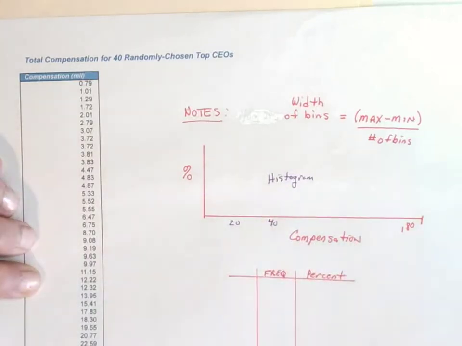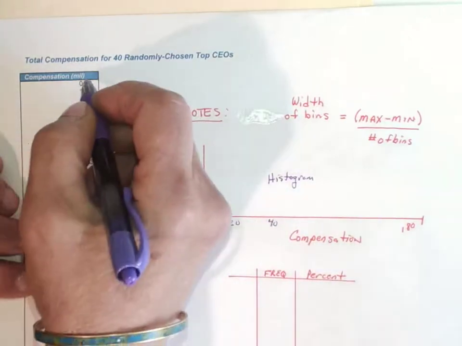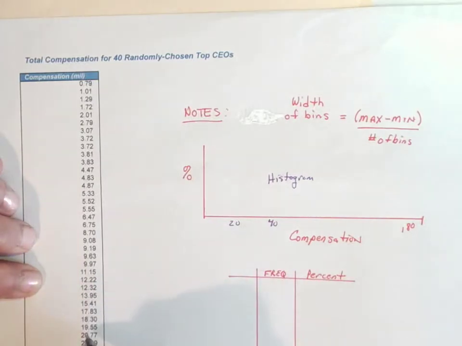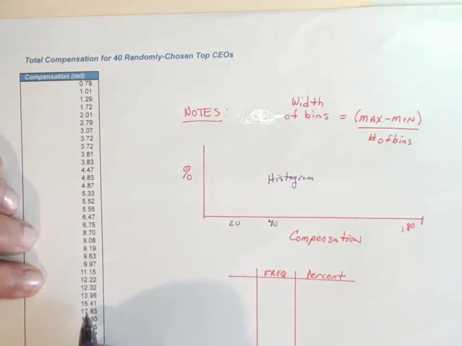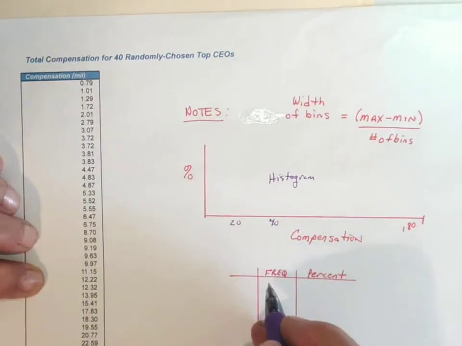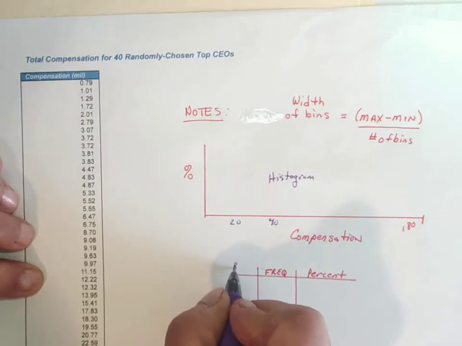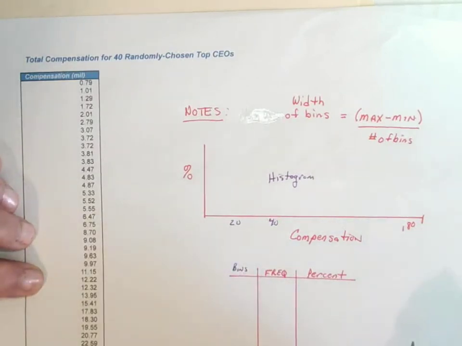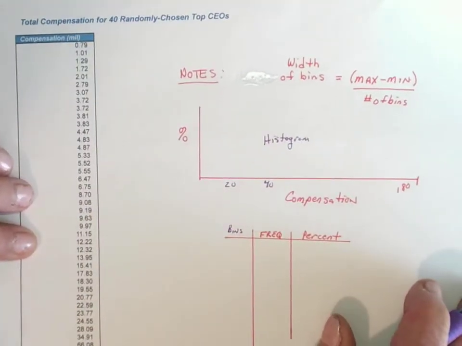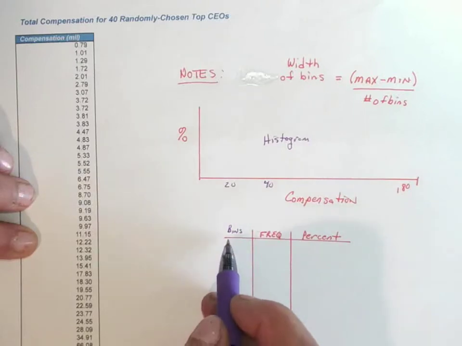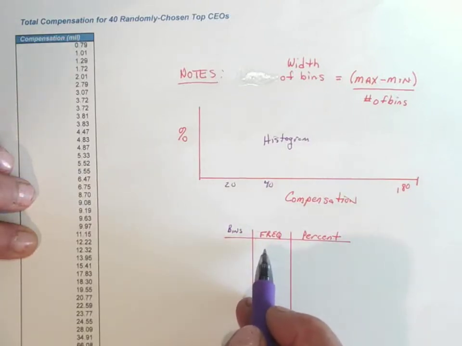40, etc. Now if we look at our data right here, we can see that we can come up with breakpoints. So your bins is the range of values that you're going to get frequencies on.